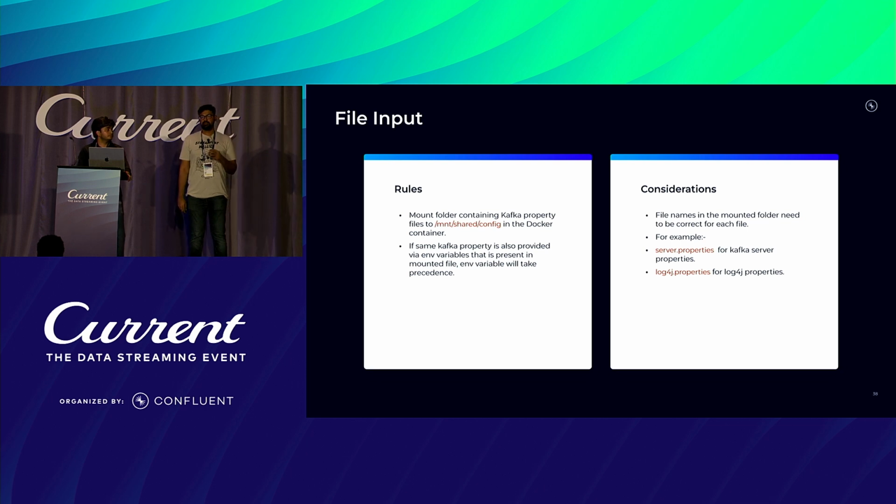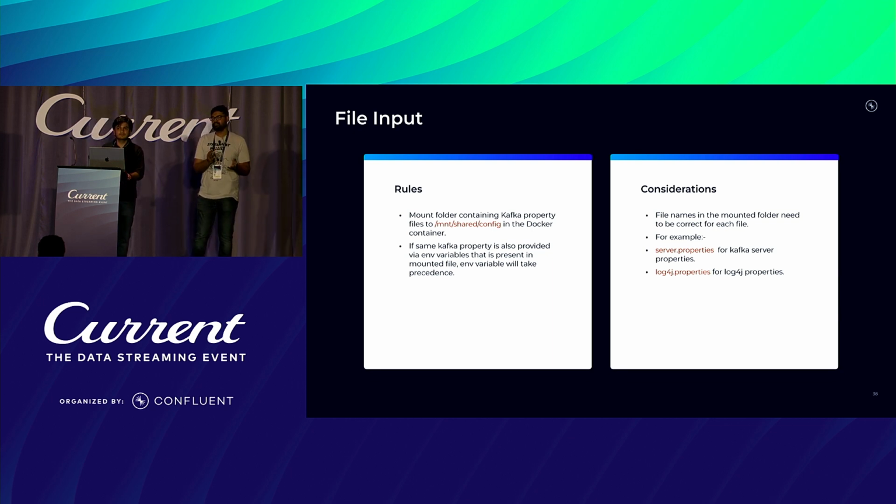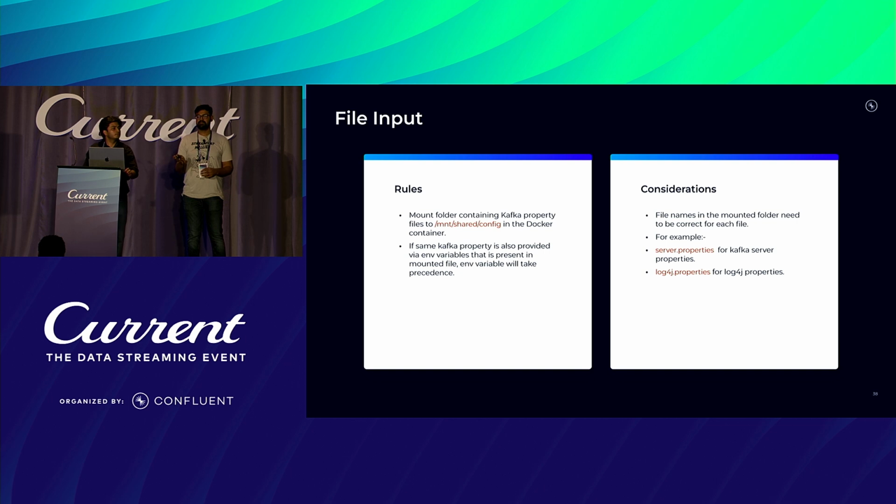If the same Kafka property is also provided in the environment variable method, then the environment variable value is going to take precedence. But in case the properties are different, then the environment variable properties and the file input properties are going to get merged and then supplied to Kafka running inside the Docker container.